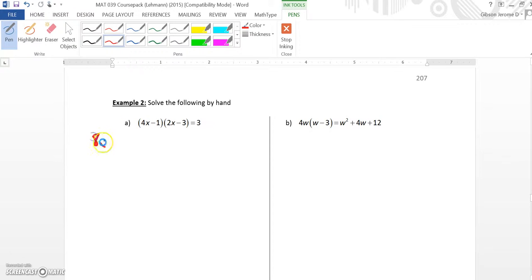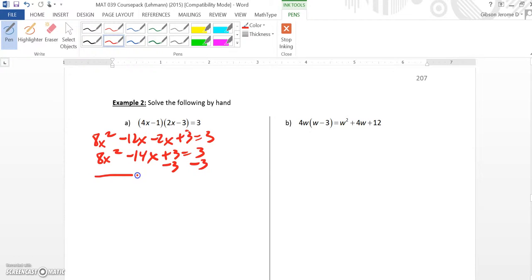We know this will give us 8x squared minus 12x minus 2x plus 3 equals 3. So we will have 8x squared minus 14x plus 3 equals 3. Now we will subtract 3 on both sides because we want to make this side equal 0. So we have 8x squared minus 14x equals 0.